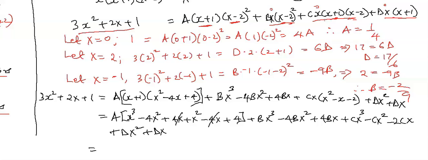We can have the x cubed, so the x cubed we have A, we have B, and we have C. X cubed. Remember, since I have A and B, I can ignore the other process of, let's say, having the x squared here, that is minus 4.